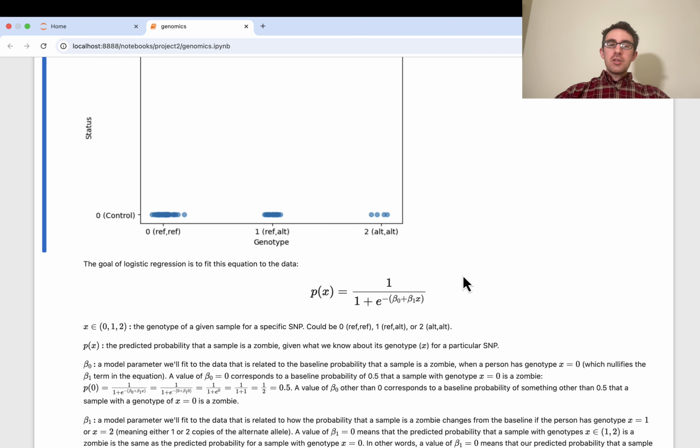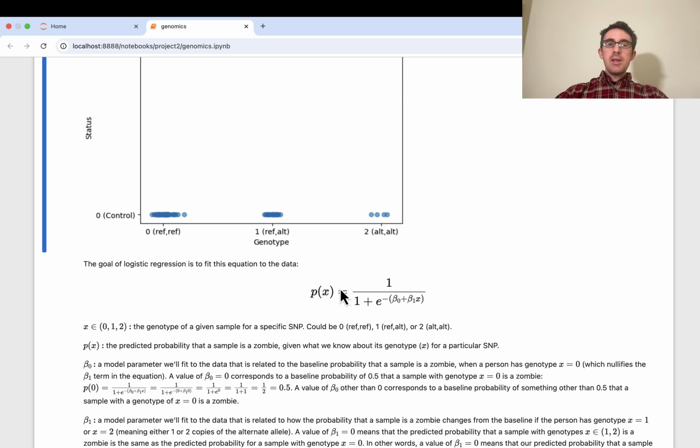So basically, this equation tries to take as an input x, which will be the genotype of a given sample for a particular SNP. So the X here is the genotype, which could be 0, 1, or 2.